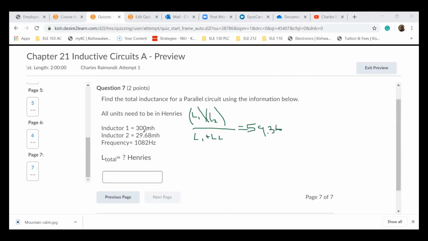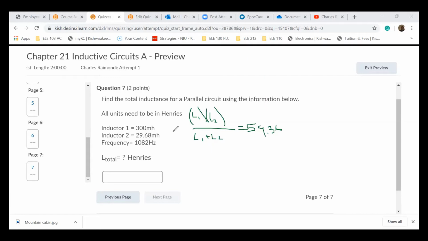This makes sense because if you look, hold on, so 59.36. Let's check. Yeah, I was going to say it's actually 59.27.